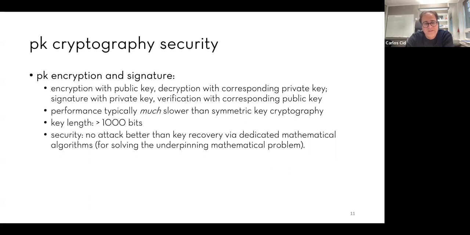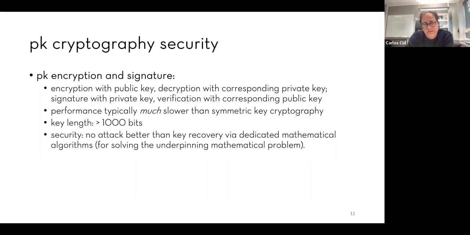So deriving the key length for public key cryptography is a challenging task, because you have to think about the algorithms that you use to solve the particular problem, for example integer factorization, and then translate this into a measure of operations. This gives you the equivalent, for example, of the security of AES with 128 bits.